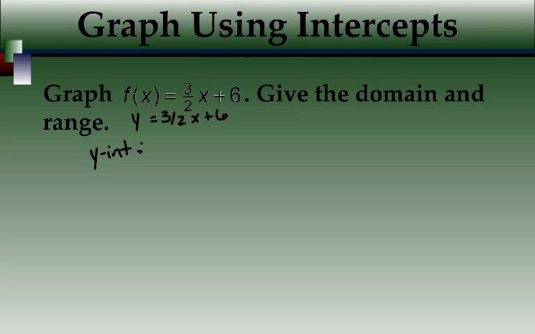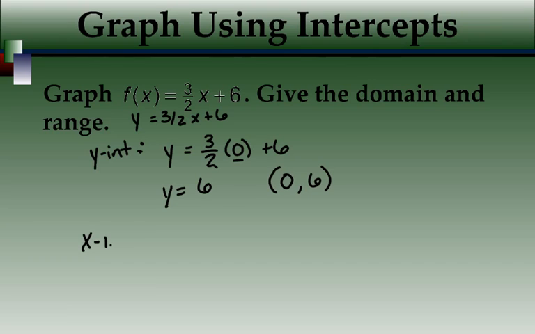Remember, for the y-intercept, we plug in 0 for our x and solve for y. So 3/2 times 0 plus 6, well, that's going to give me that y is equal to 6. So what this means is we can plot the point 0, 6, because 0 is our x value, and that's our y-intercept.